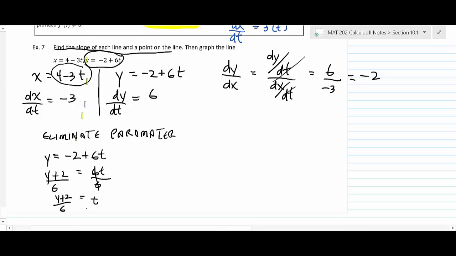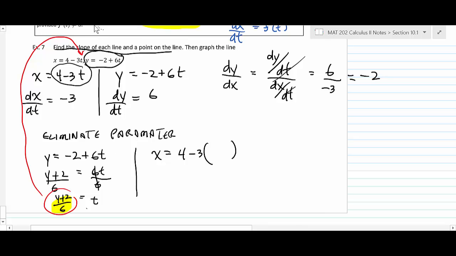Okay, now that is going to plug in to the t of the other equation, and you could have done this backwards also. So what I'm going to do now is take the first equation, x equals 4 minus 3t, and plug in what t is from this other equation. So in that other equation, it's y plus 2 over 6 like that.